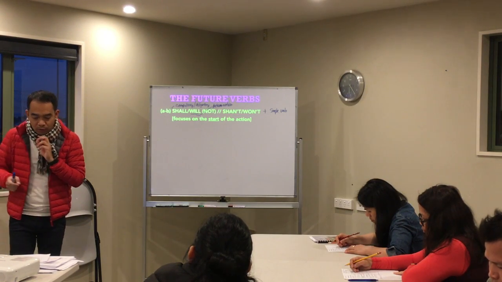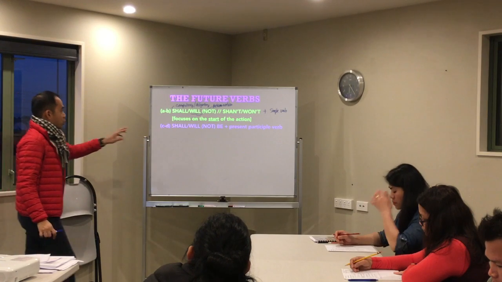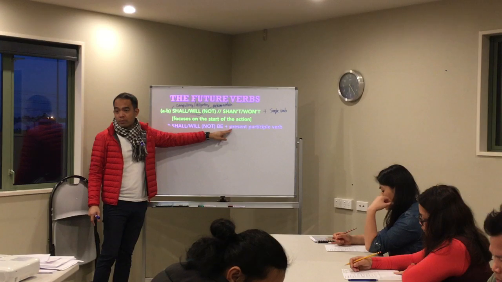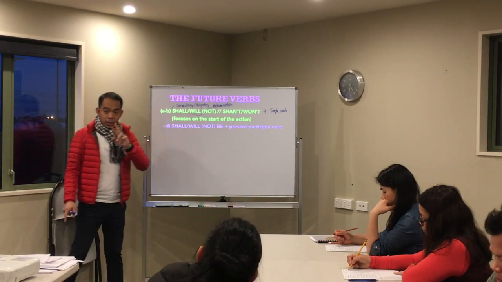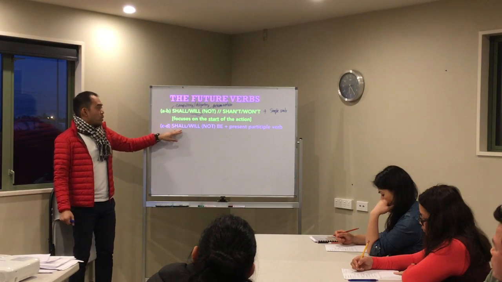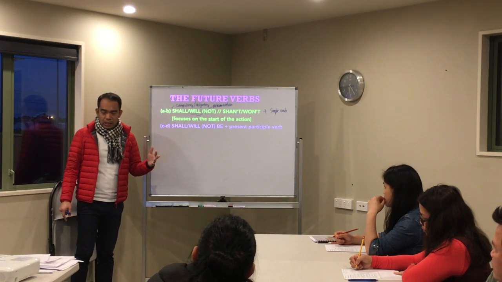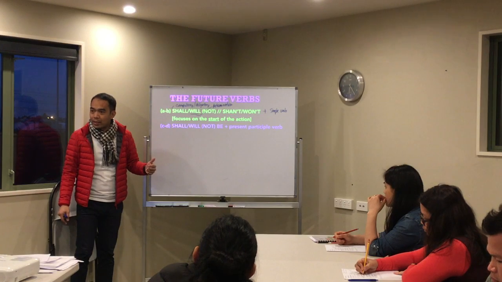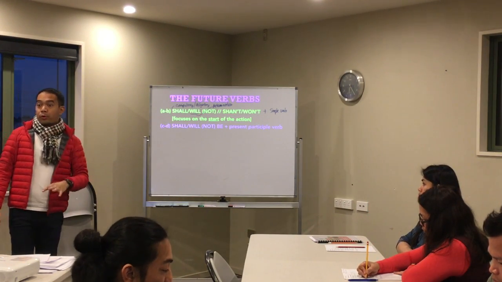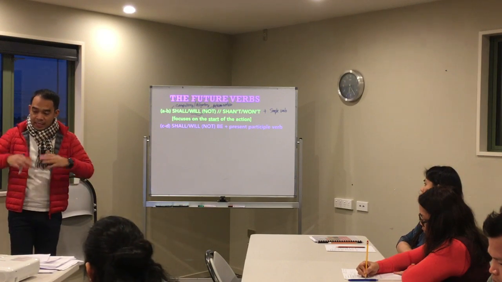Now, notice that we say shall or will be plus the present participle verb. It's an ing verb. Take note, it can also be a negative item. So we say, we shall not be attending the party tonight, or we will not be going to the beach tomorrow morning. So it's the same thing.